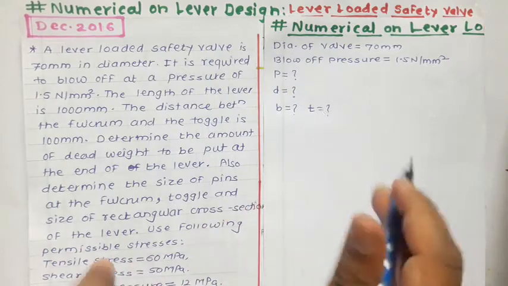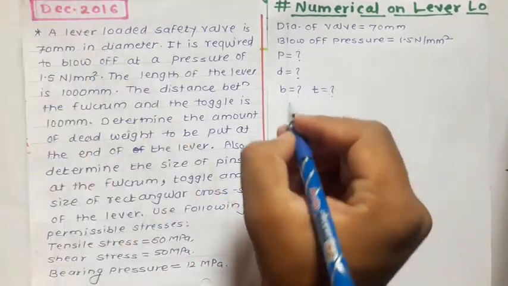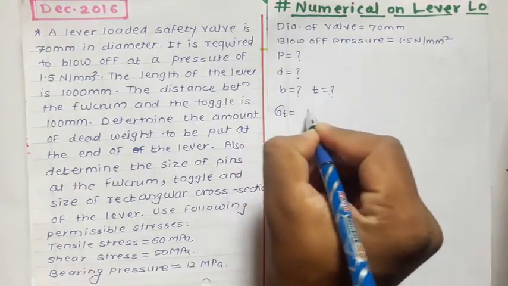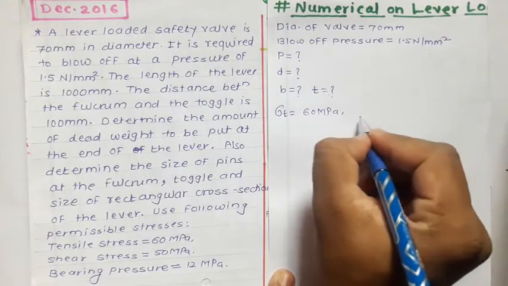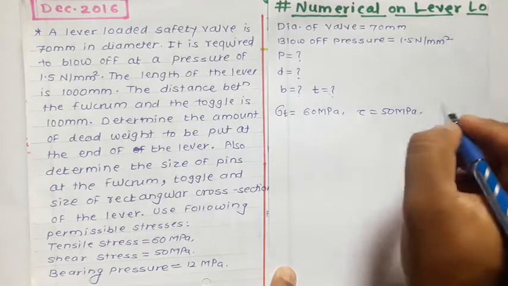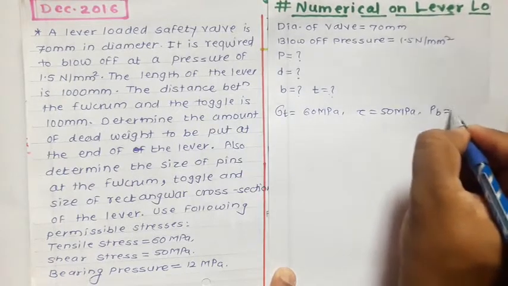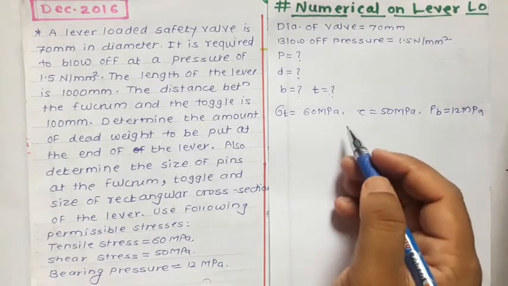At the end we have been given the values of permissible stresses. First, the permissible tensile stress is 60 megapascal. Then the permissible shear stress is 50 megapascal, and the permissible bearing pressure PB is equal to 12 megapascal. Apart from these, we require two more permissible stresses.